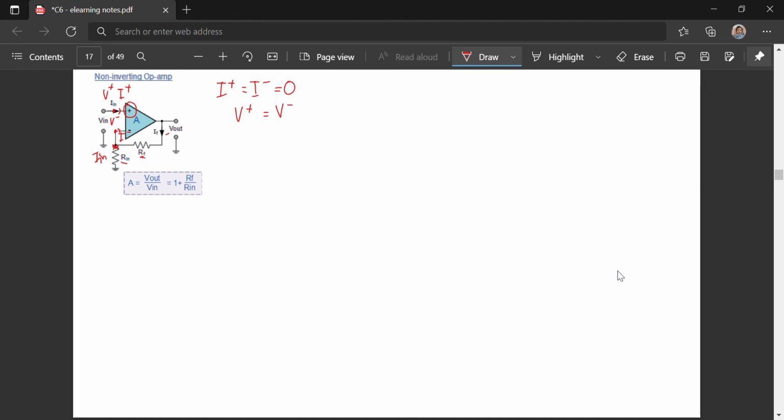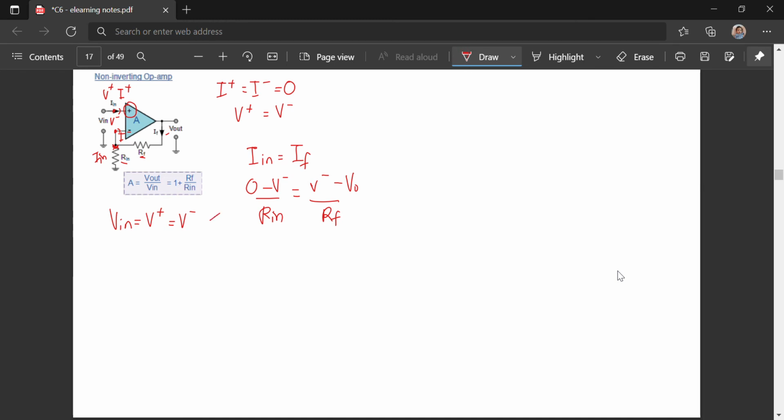Let's take the KCL for the bottom part. We have I in equals I F. So we do the KCL and Ohm's law. Here you can see V in is equal to V plus. Therefore V plus is equal to V minus.